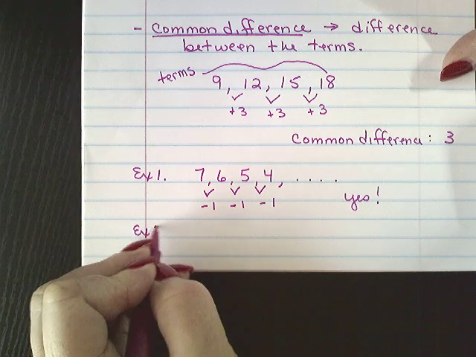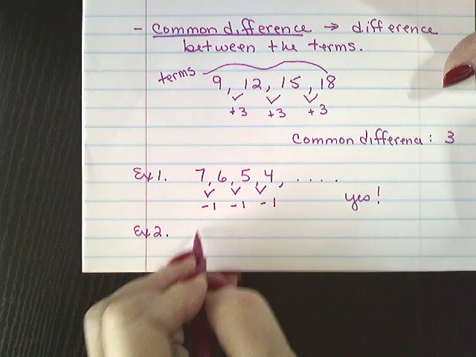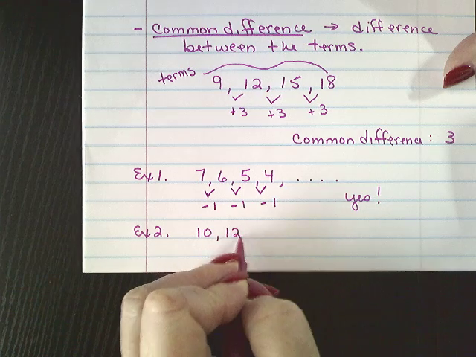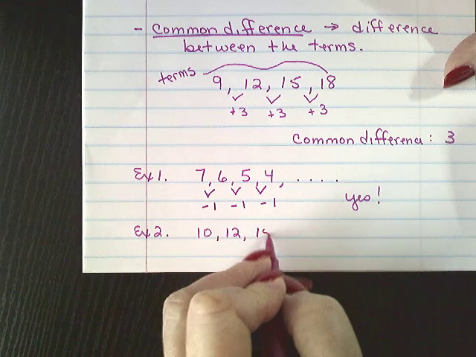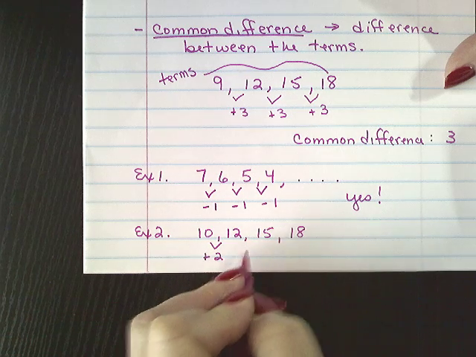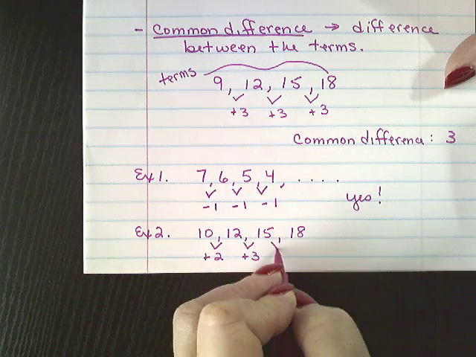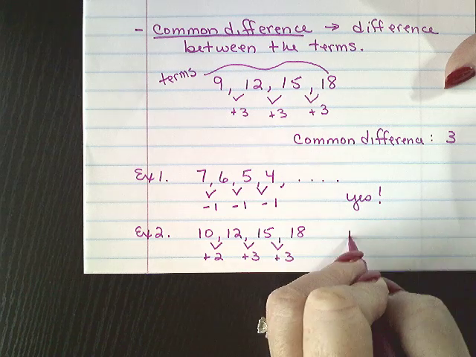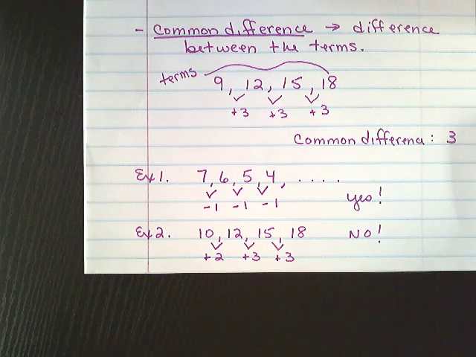Example 2: 10, 12, 15, 18. That would be a plus 2, but this one's a plus 3. This one's a plus 3. So this would be no. It would not be an arithmetic sequence. Okay, so that would be the first part that you'd be doing.